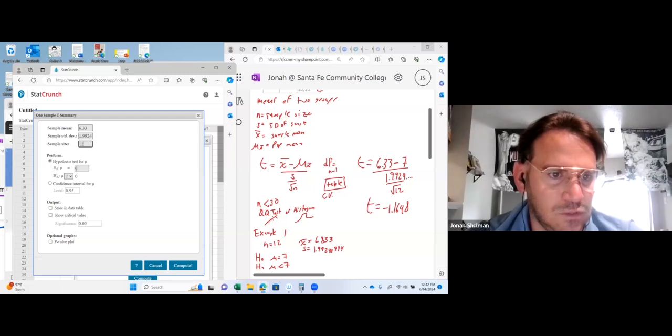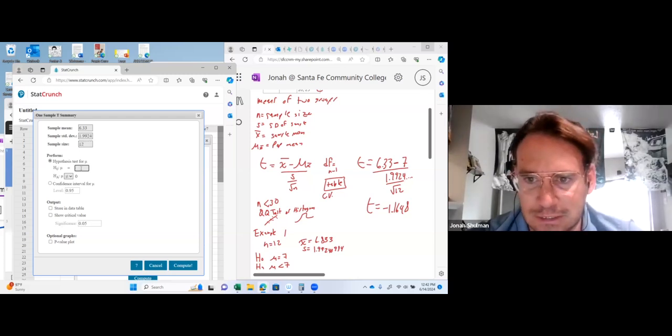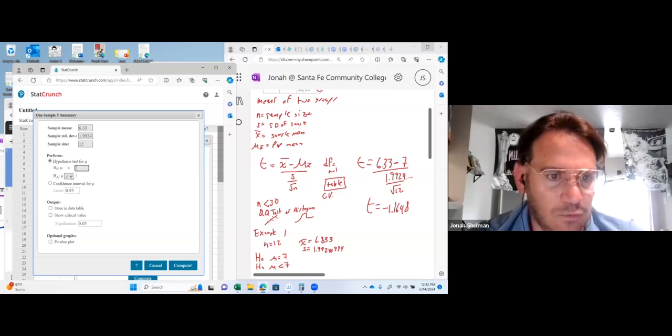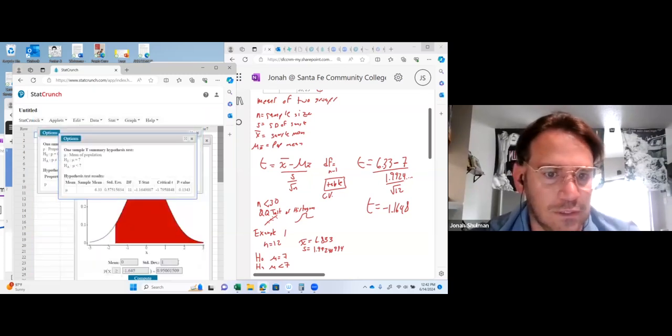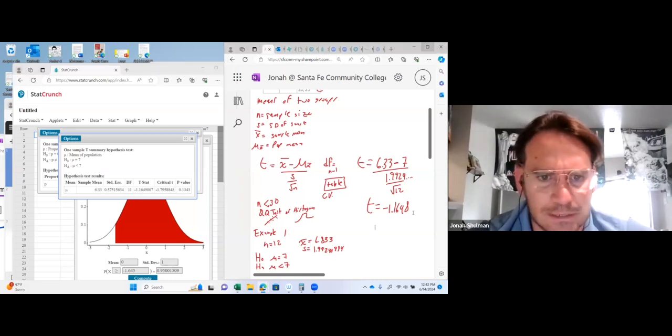Our sample size is 12. We're trying to test this for a hypothesis that the mean is 7. And it's one-tailed, so we want to know if it's less than 7. I also want to show the critical value to see if I got it. Let's compute this thing. The t-stat, negative 1.16, negative 1.16, I got the same thing.